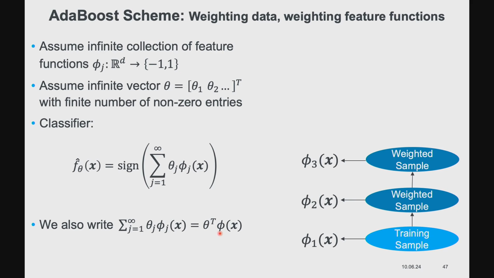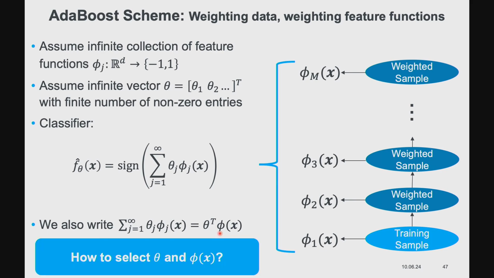If the error rate is high, the feature function receives a small weight. If the error rate is low, it receives a high weight. And we do this until we converge, until at step M our error is small enough for what we are interested in. That's the overall plan, which we now have to look at in detail.